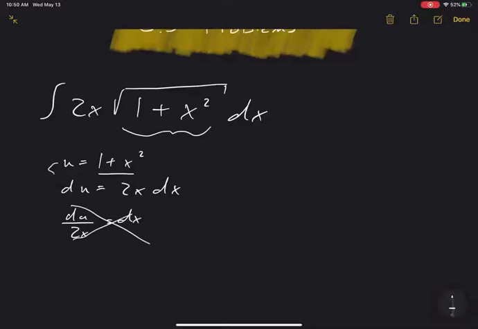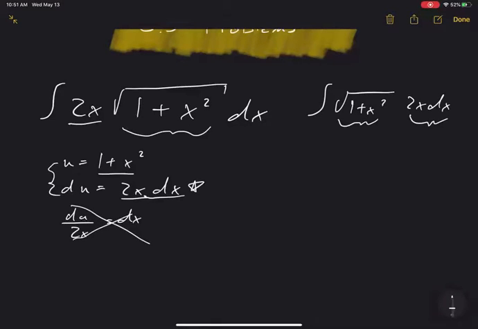Since what I have out front is perfectly this, I could rearrange my problem like this. And then this would be my u inside the square root, and this stuff here is just du. So I just do a straight substitution. 2x dx is equal to du, so I just replace this with du, and it's fairly straightforward.